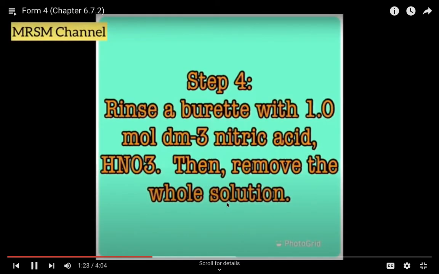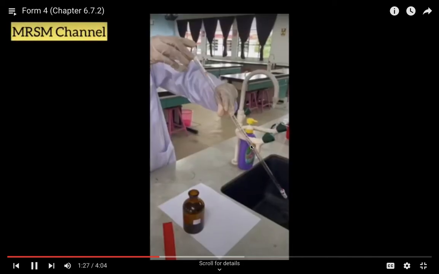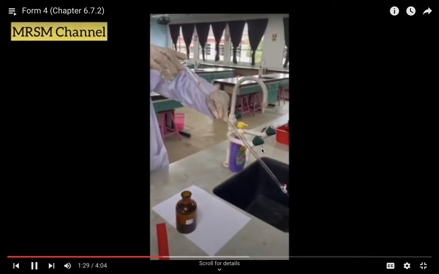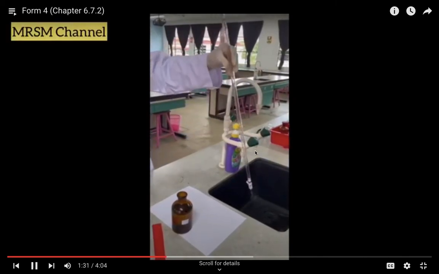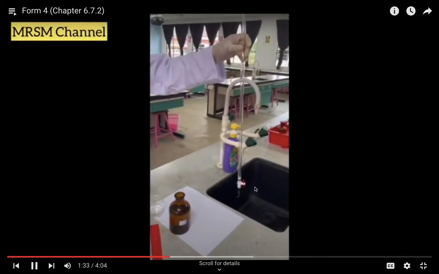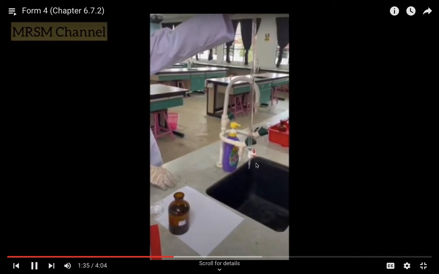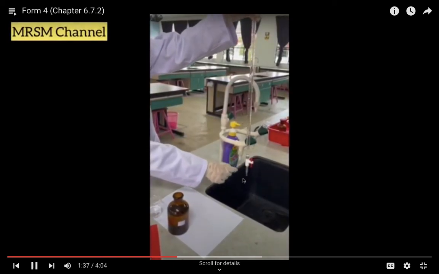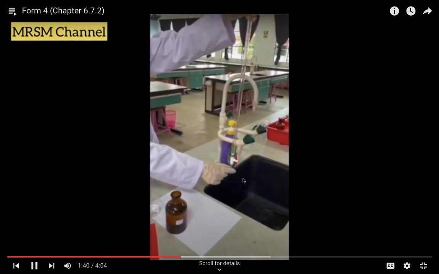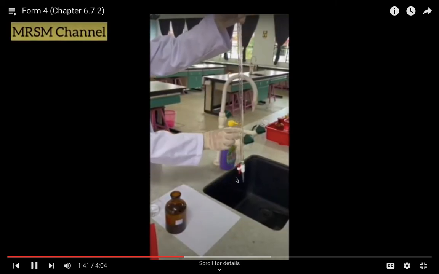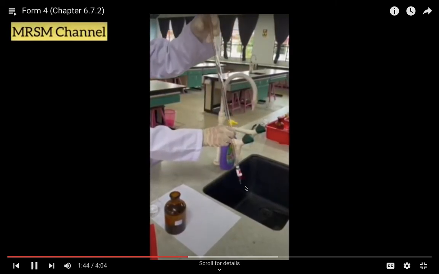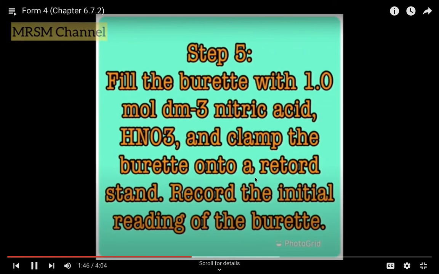So alkali is pink. Kemudian kita rinse burette pula with our nitric acid sebab kita nak bubuh nitric acid dalam tu. This is how we rinse our burette sampai ke bawah. And remove everything. Pastikan semua yang lain keluar. Kenapa dia ketuk-ketuk tu? To make sure everything is out. Tak ada yang tertinggal dalam tu.